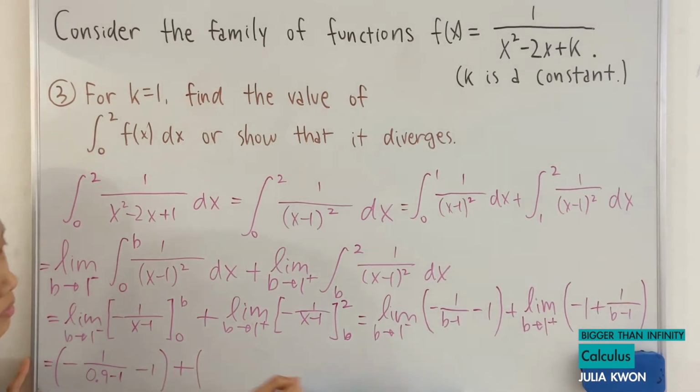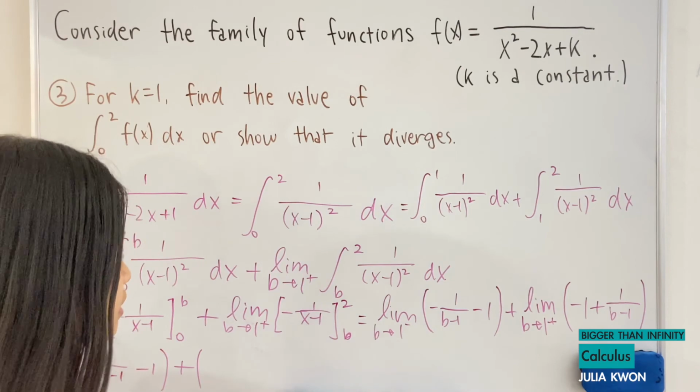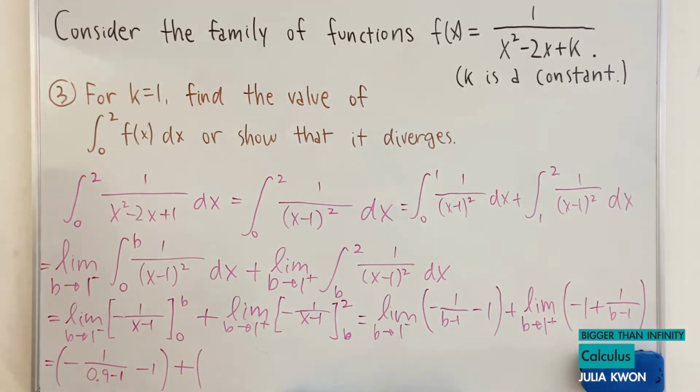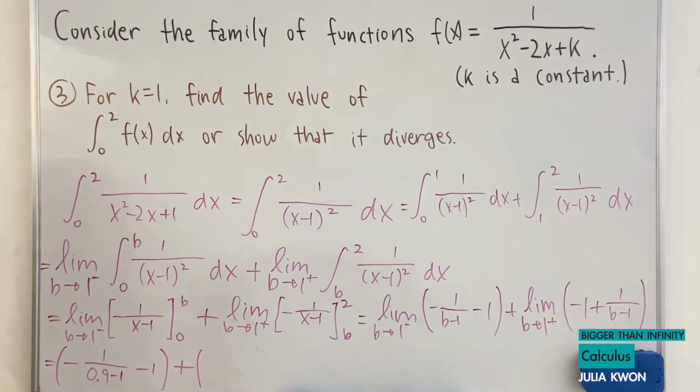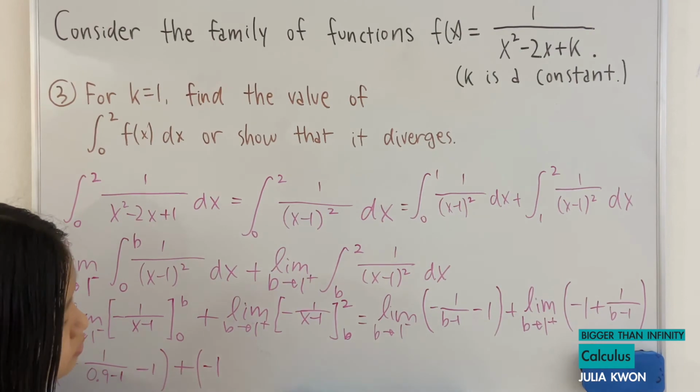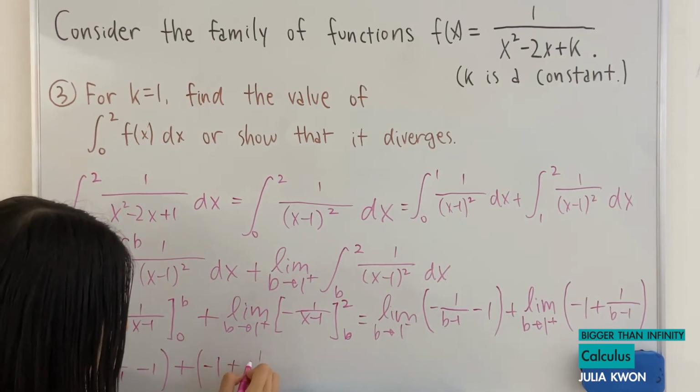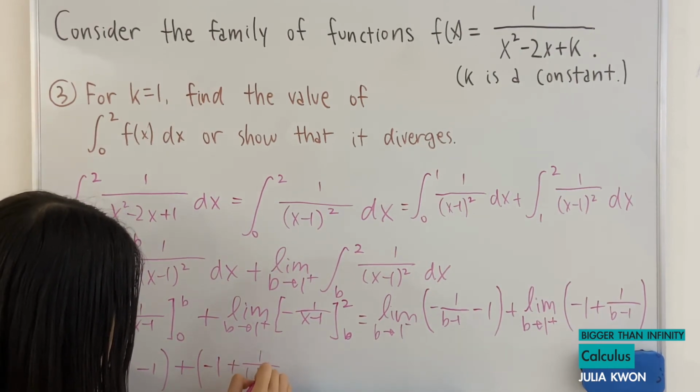Plus, since we have the limit as b approaches 1 from the positive side, instead of putting just 1 for b, we're going to put in 1.1, plus 1 over 1.1 minus 1.